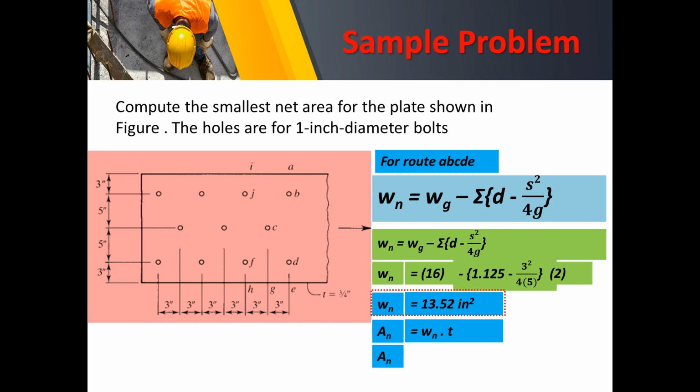So the required net area will be equal to 13.52 multiplied by the thickness of 3/4, or that is 0.75 inches. Hence, we will arrive at the net area 10.10 square inches. That's it for the problem.